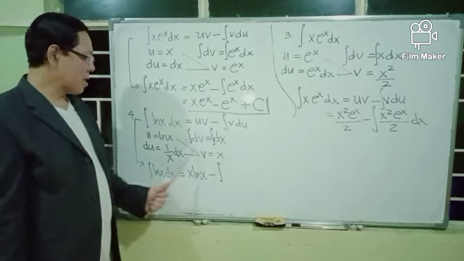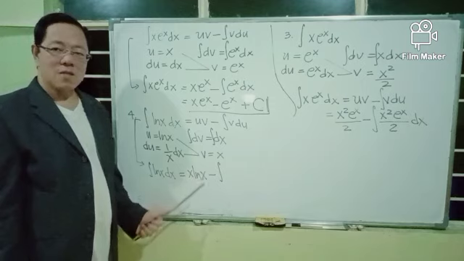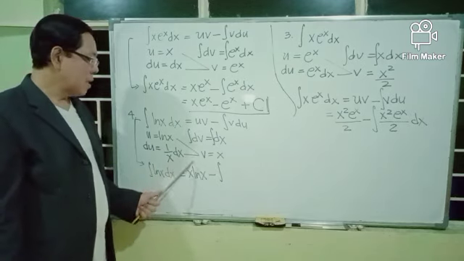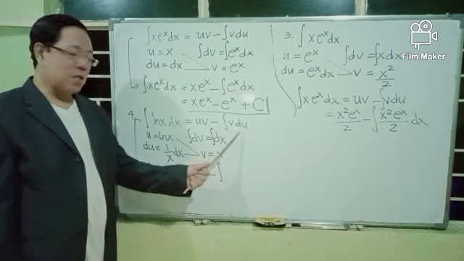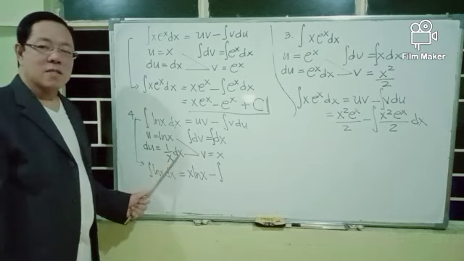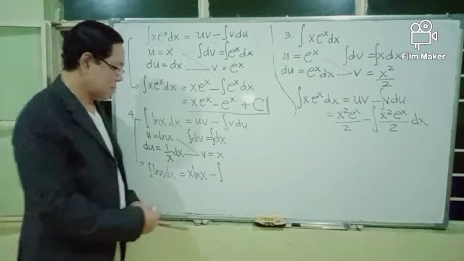If you multiply x by 1 over x, it will cancel out and you simply get 1 multiplied by dx. Hence, v times du, x times 1 over x dx, is simply dx.